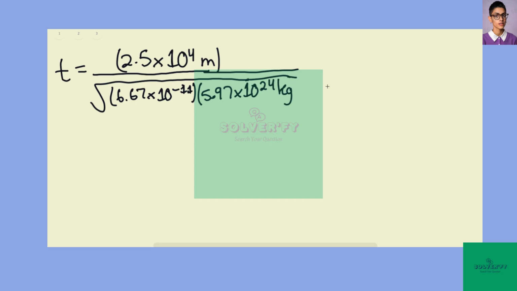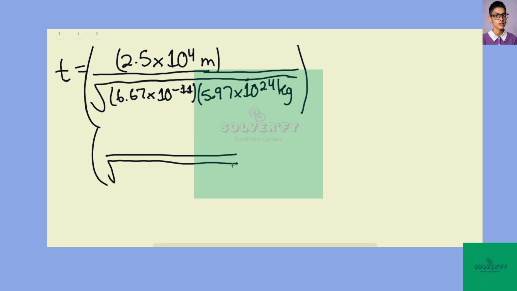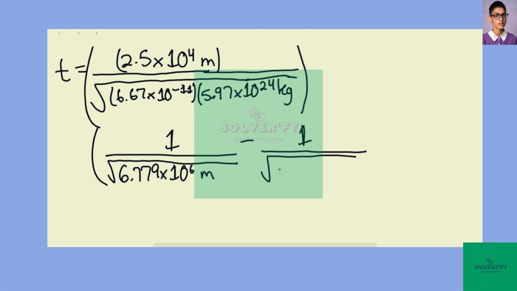And then this will be multiplied by 6.779 times 10 to the 6th meters, and then 1 minus 1 divided by the square root of 6.78 times 10 to the 6th meters.